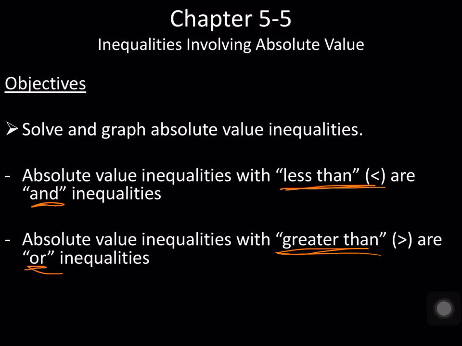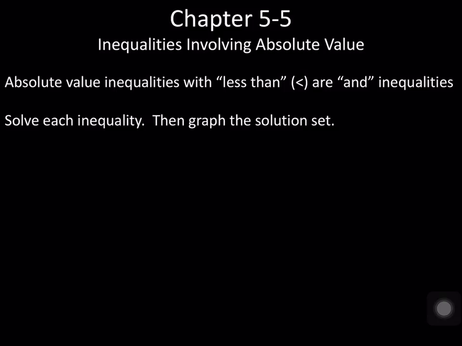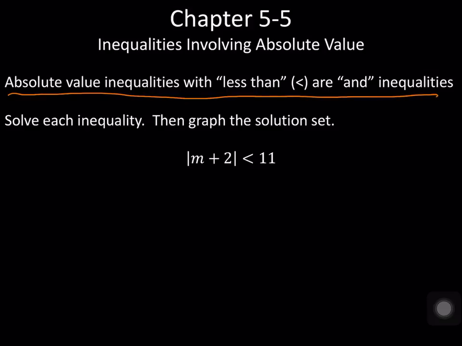So let's look at what that special case looks like as far as setting up to solve an absolute value inequality. We're going to solve each inequality, and then we'll also graph the solution set. I put up here at the top as a reminder, since this first one is a less than, that absolute value inequalities with less than, we treat as if they're an and inequality. Again, we have to set up two inequalities that have to be solved.